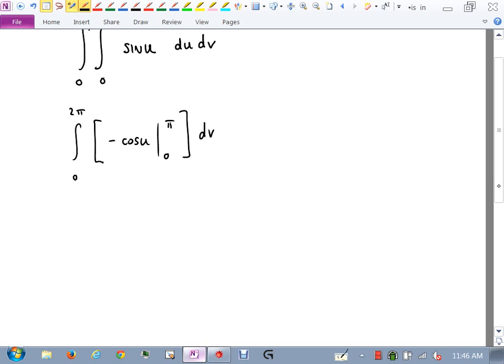And then when we evaluate it at 0, we get 1, but it's negative, and then we're subtracting it. So this all comes out to be a 2 in there, okay? So we want the antiderivative of 2 dv, which is just 2v evaluated from 0 to 2 pi, which is just 4 pi. Which matches what we said it would be.